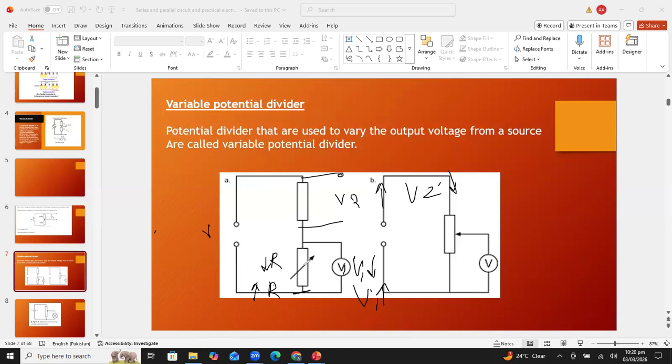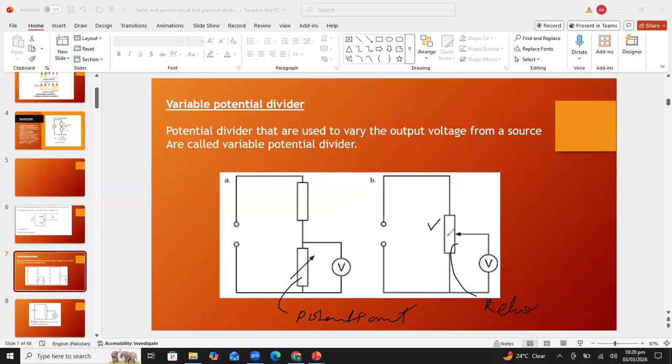All right, excellent, beta. So now you can see this is another version of the variable potential divider. In this circuit, we are using a rheostat. What is a rheostat? A rheostat is a type of variable resistor. This one is a potentiometer, and this one is a rheostat. A rheostat is a device which is used to vary resistance across the resistor.